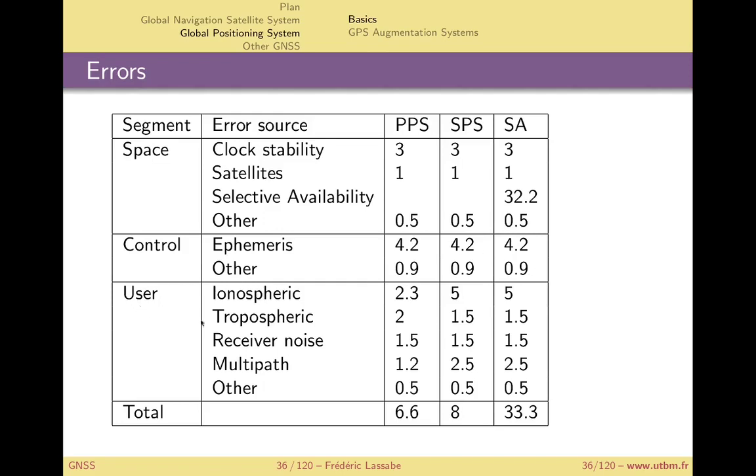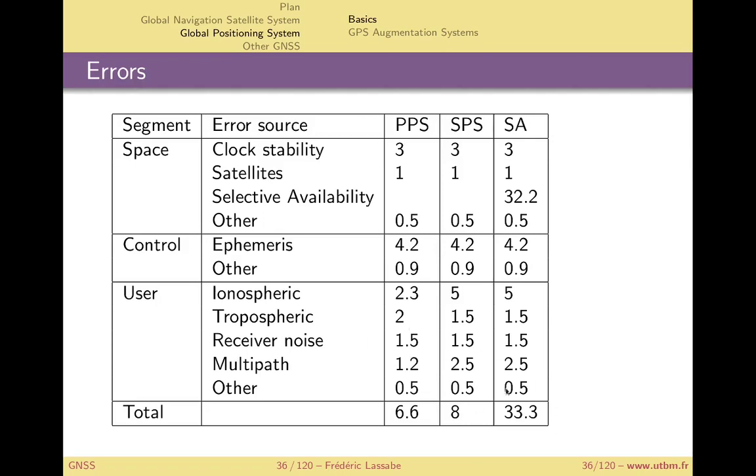Then in the user segment, you have less error for the ionosphere, but a bit more for the troposphere, which is a bit fixed, and the multipath too, by the use of the two frequencies for the US military with the precise positioning system.